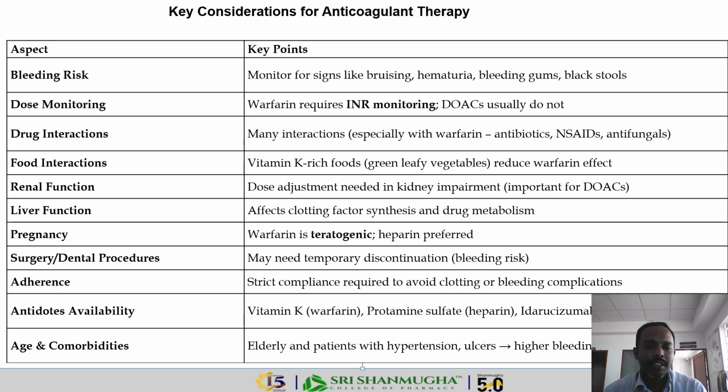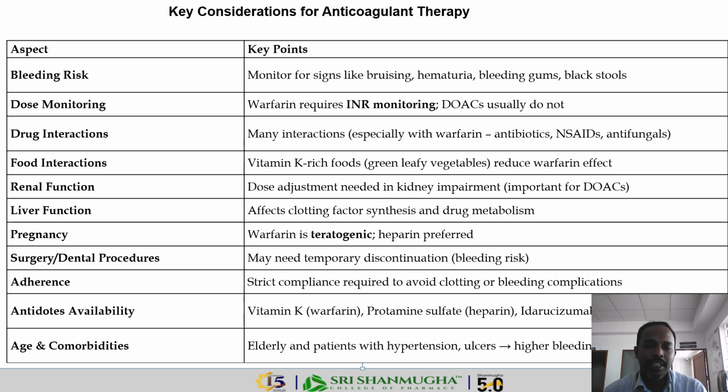During pregnancy, as we discussed earlier, warfarin is teratogenic, therefore heparin is preferred for pregnant women. Strict compliance is required to avoid clotting or bleeding complications. Regarding antidote availability, vitamin K and protamine sulfate should be available during anticoagulant therapy.